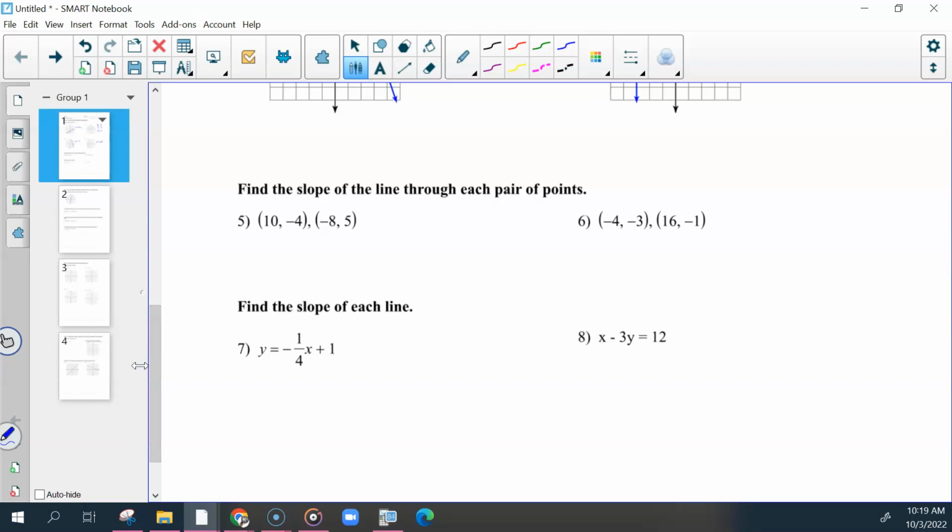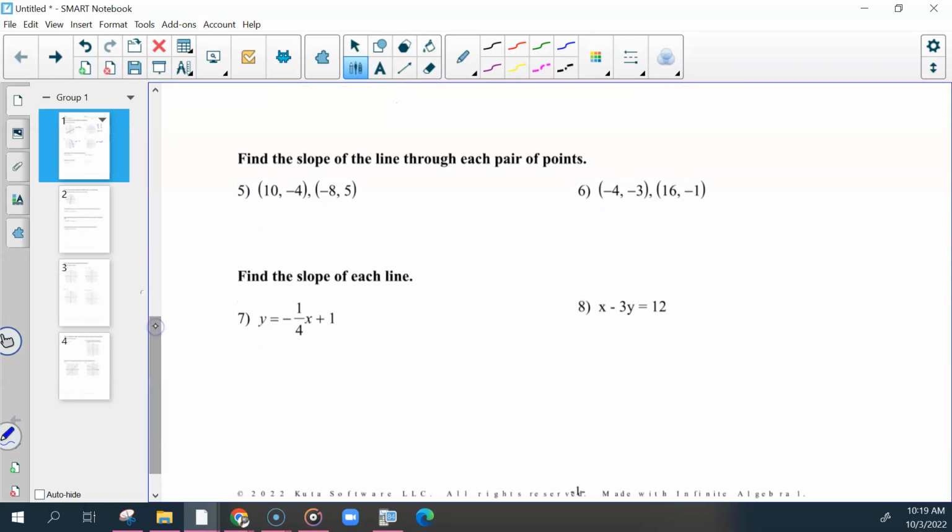Number 5 and 6, you had to actually find your slope using your formula. Some of you switched, like maybe not these 2, but maybe these 2, which made your answer negative when it should have been positive, or vice versa. Some of you switched these, which was the wrong thing entirely, so just be careful with that.